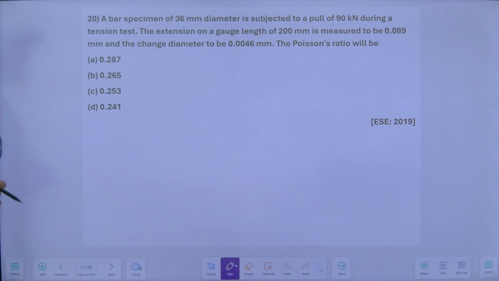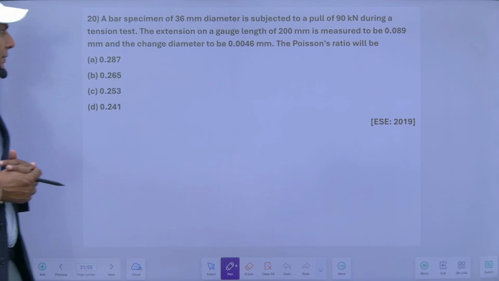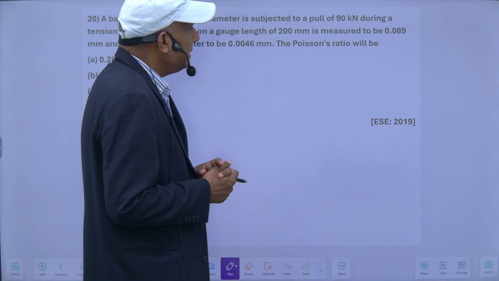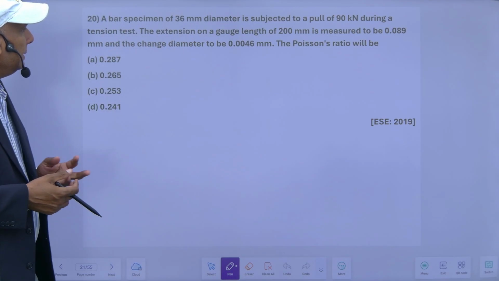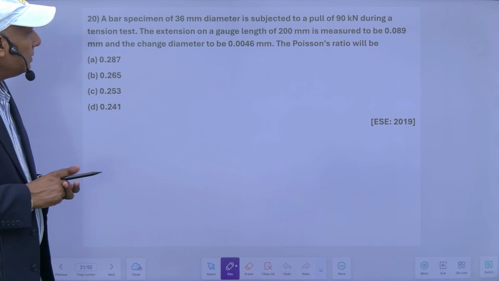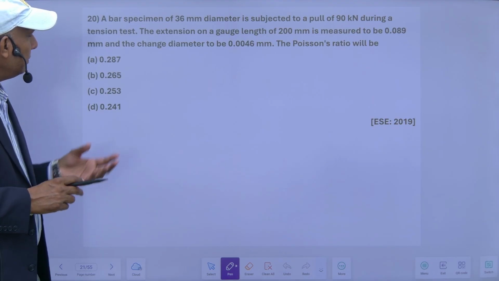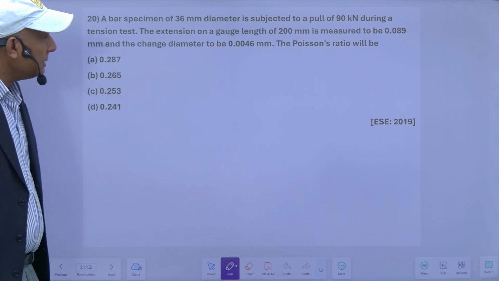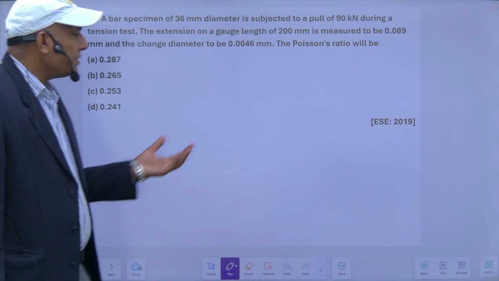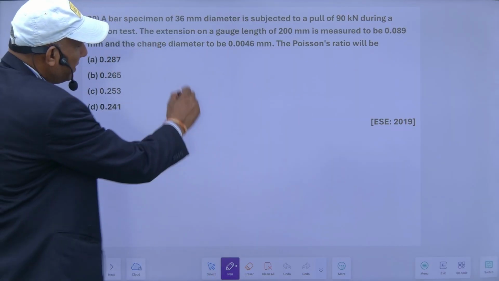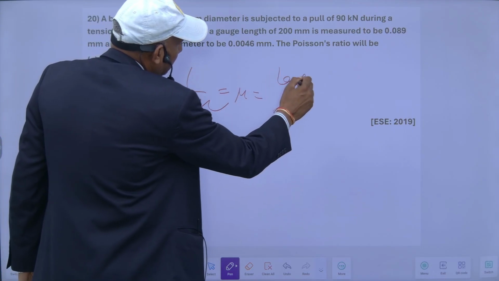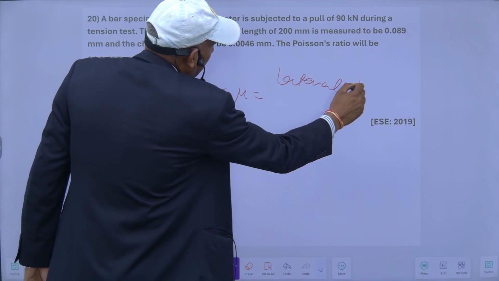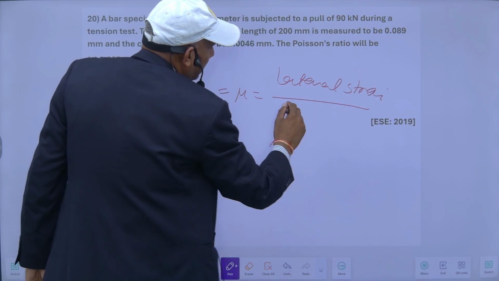A bar specimen of 36 mm diameter is subject to a pull of 90 kN during a tensile test. The extension on a gauge length of 200 mm is measured to be 0.089 mm, and the change in diameter is equal to this, and the Poisson ratio is equal to, so what is Poisson ratio? This is lateral strain upon longitudinal strain.